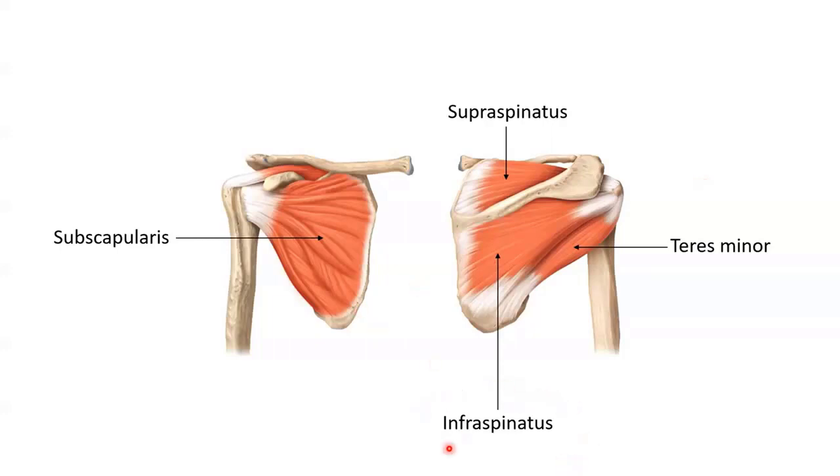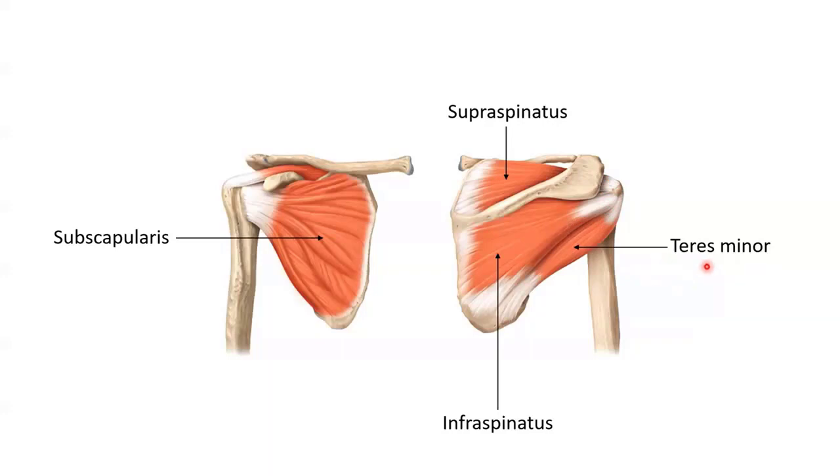Our infraspinatus muscle sits in our infraspinous fossa, so it's all of this muscle here, and also inserts onto our greater tubercle. And this muscle produces lateral rotation of the arm, so it rotates the arm back towards the posterior surface of the back.